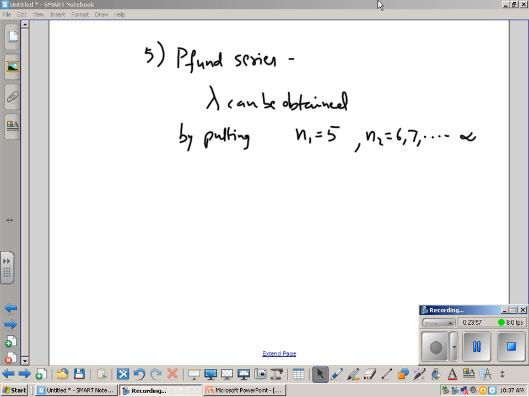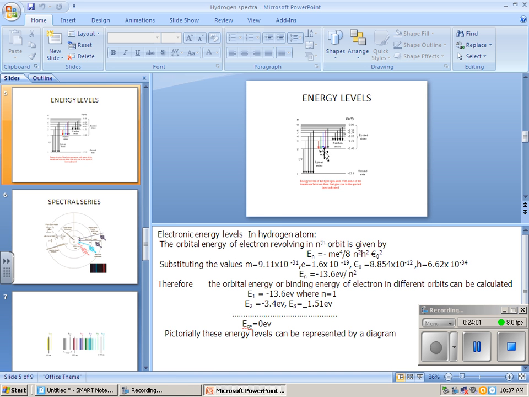Now you can see these spectral series from the energy level diagram. See, these are the number of energy levels 0, 1, 2, 3, and so on. When electron transition takes place from higher orbits to the first orbit, you can see that belongs to the Lyman series.